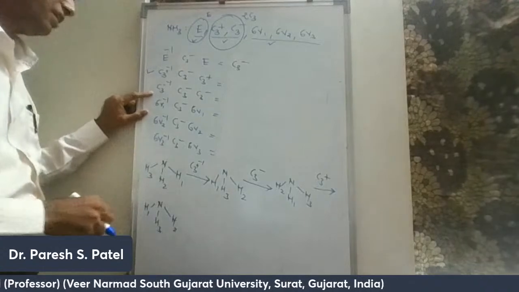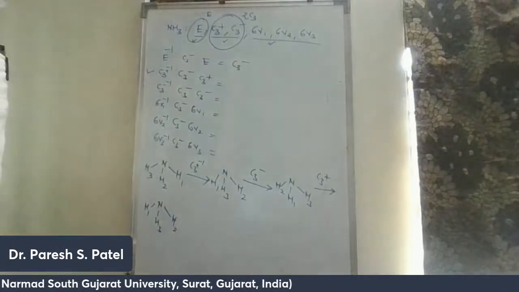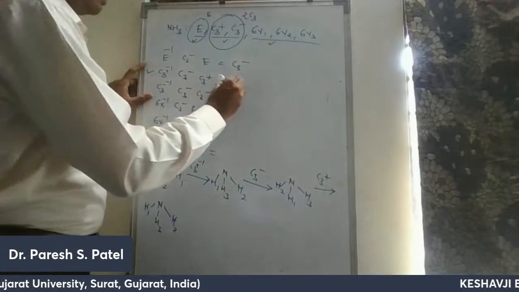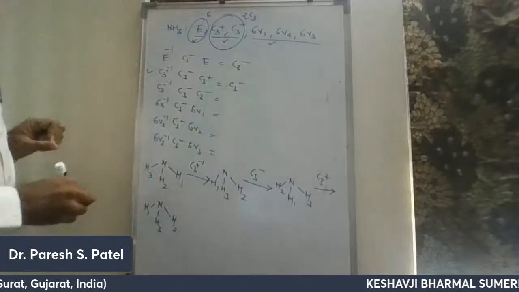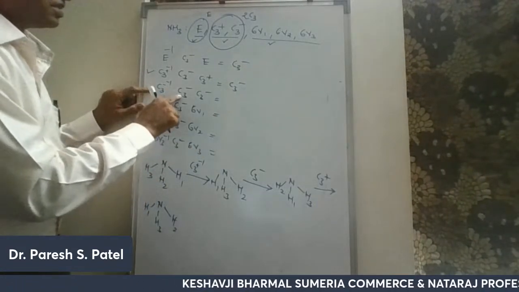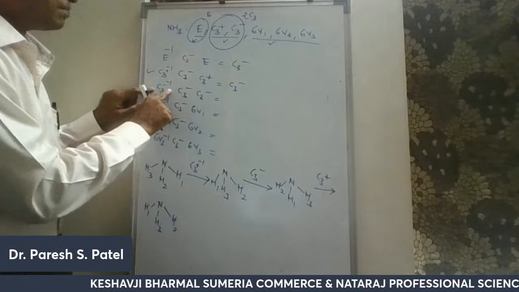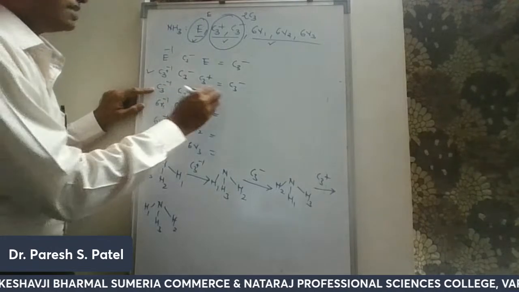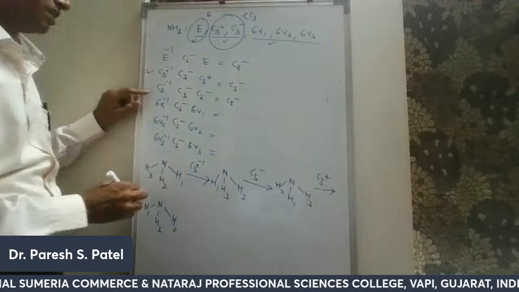And this is nothing but the C3 minus. Okay, C3 minus inverse. C3 minus inverse means C3 plus. C3 minus and C3 minus. Overall result is C3 minus.